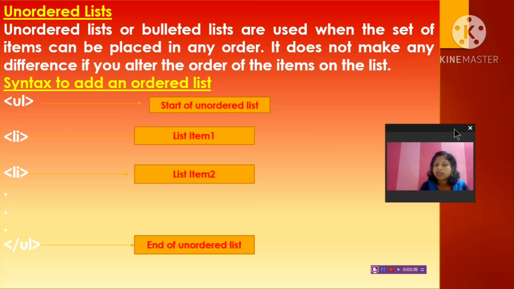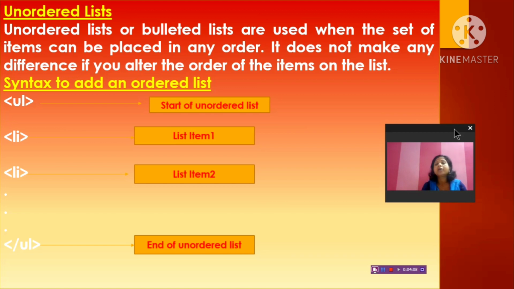For that you will go for 1 2 3 4 5 6 7 8 9 10, and whatever position a student has got, you will write at the proper place. If you alter or change the sequence, then it will not be a proper list. But in an unordered list, no sequence is followed, you can keep the list items at any place.